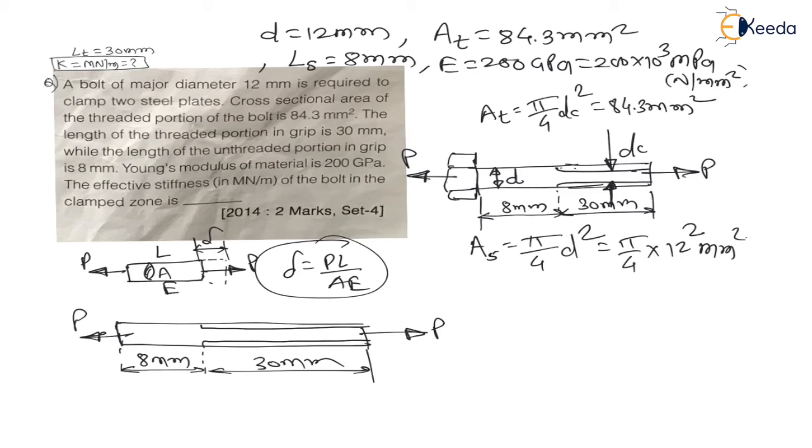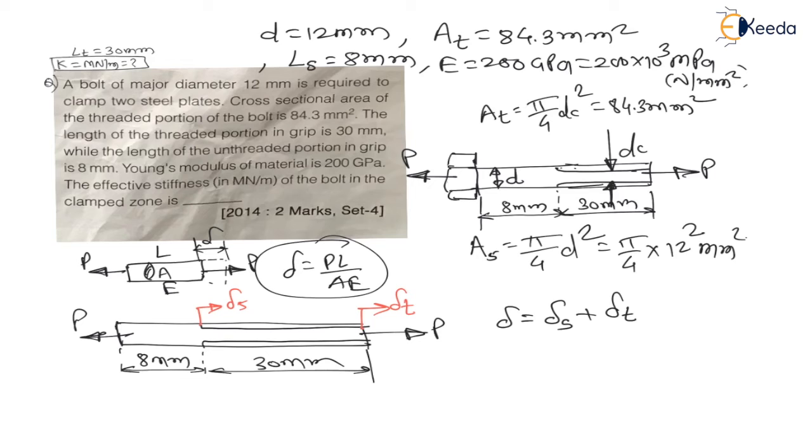Therefore, can I say for this component the total change in length is nothing but change in length of shank, that is unthreaded portion, plus change in length of threaded portion.